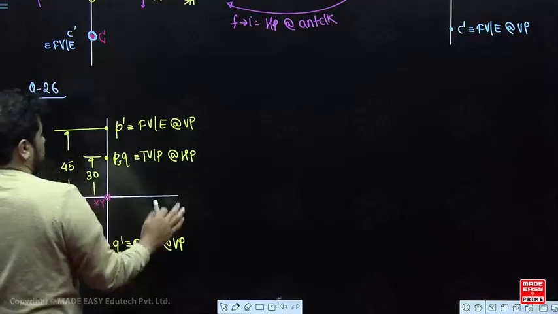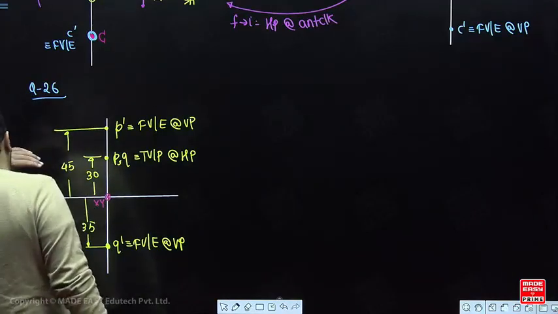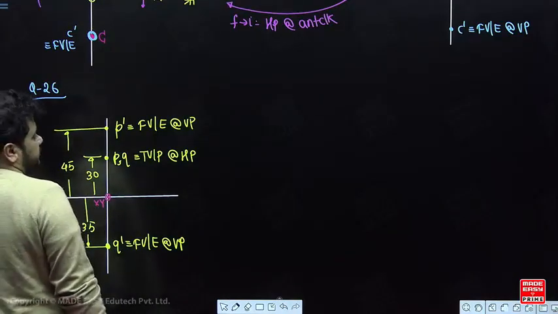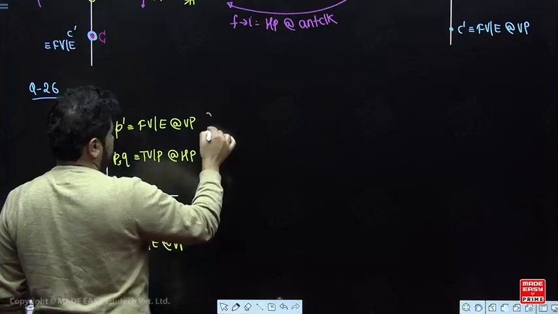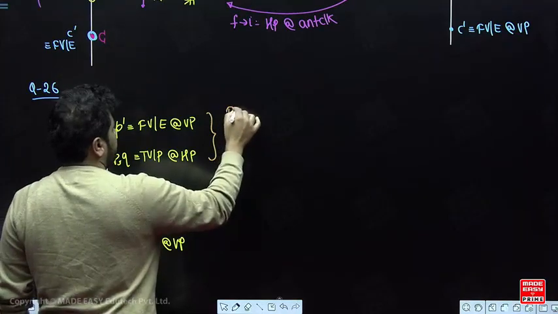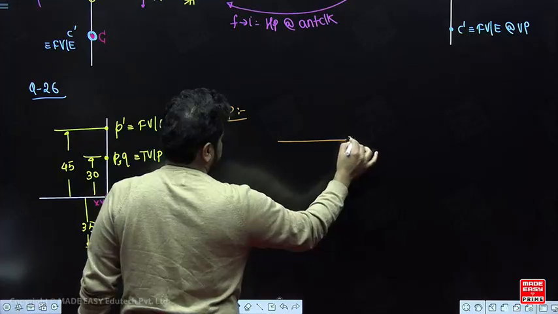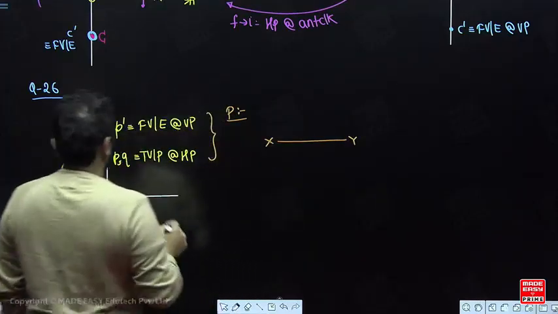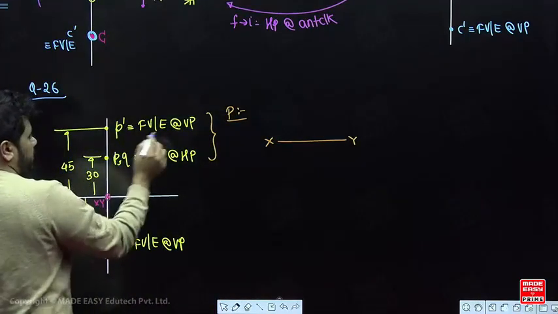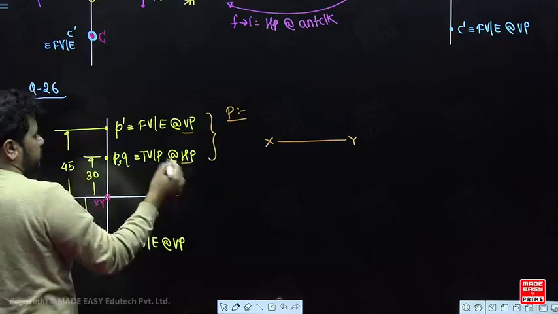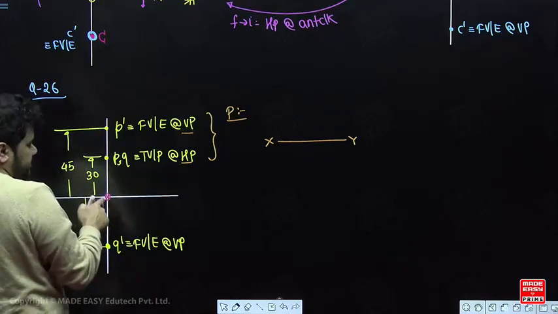Right, now see how to attempt this question. Here, if I consider only P point, correct? Now this is xy line. So for P point, the elevation P dash and the plan point are both lying above xy line.